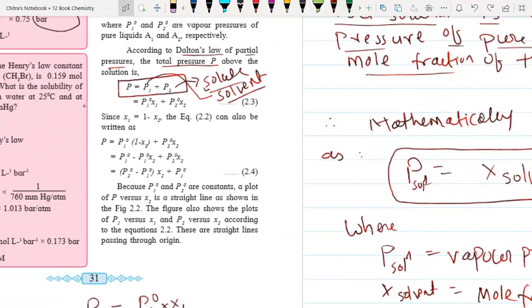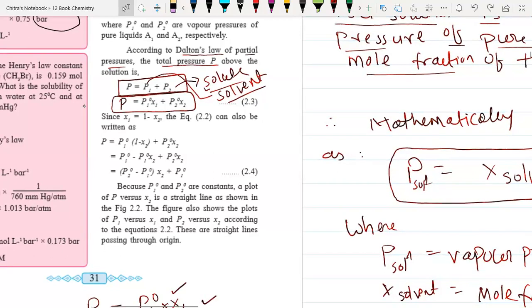Okay, now here we have P equals to that formula. Instead of P1 and P2, we have to place these values that we have calculated. Now, by the formula of mole fraction, we know x1 plus x2 equals to x, right?